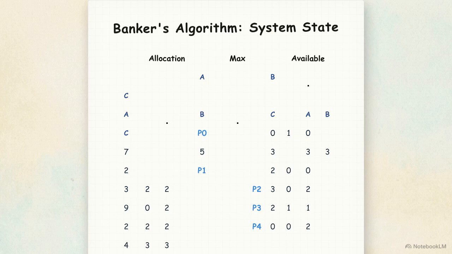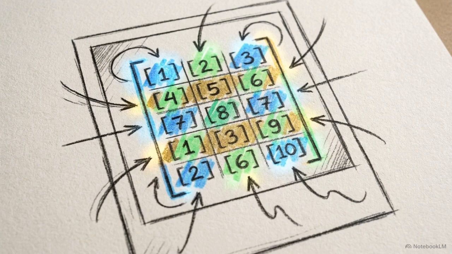The max matrix records the absolute highest number of each resource type a process might demand during its execution. The allocation matrix tracks the specific resources currently held by each process at the moment of the request. These matrices provide the algorithm with a snapshot of the system's inventory and the theoretical limits of every active process.